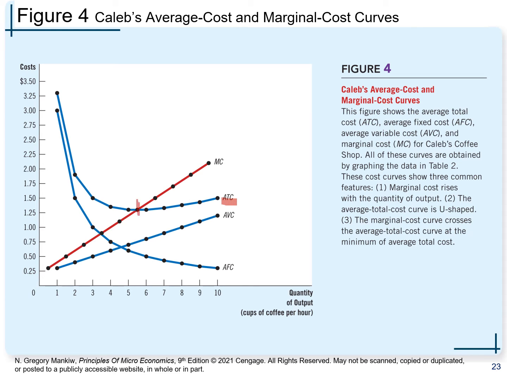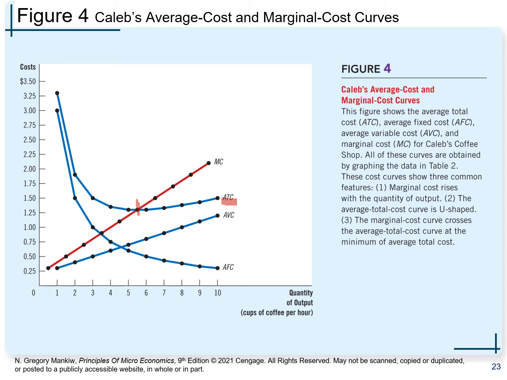That's its minimum. It keeps coming down while marginal cost is smaller than that. When they cross, marginal cost is greater than that, then average total cost is rising.